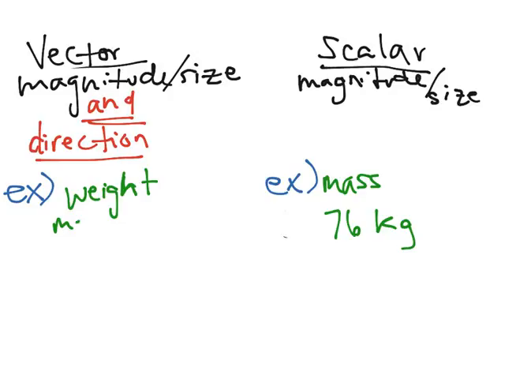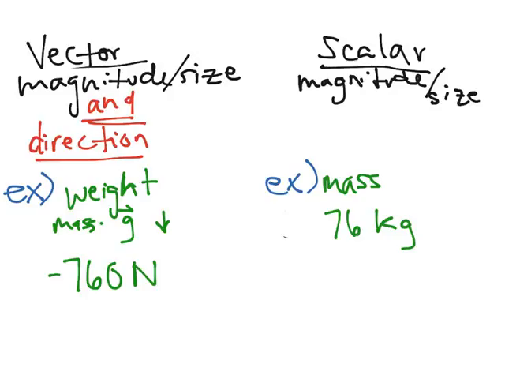This is your mass times gravity. Remember, gravity does have a direction. Gravity's direction is down. Whenever you multiply a vector and a scalar, it now has a direction. So your weight, for example, could be something on the order of, say, 760, that'd be negative newtons.